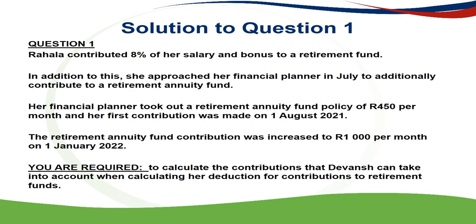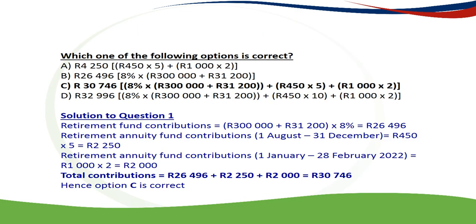In January 2022, she increased her contribution to 1,000 Rand a month. The required section is requesting us to calculate her deduction for contributions towards retirement funds. The question is, which one of the following options is correct?